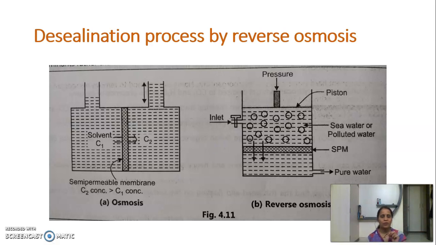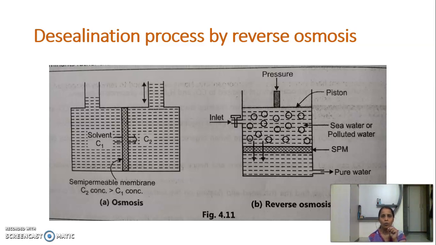On earth, near about 70% of water is in the sea, that is seawater. But as we all know, seawater is of too much hardness, or too hard, and hence unfit for any application. But what about seashore countries? Seashore countries are utilizing seawater by means of a desalination process, which is called reverse osmosis.